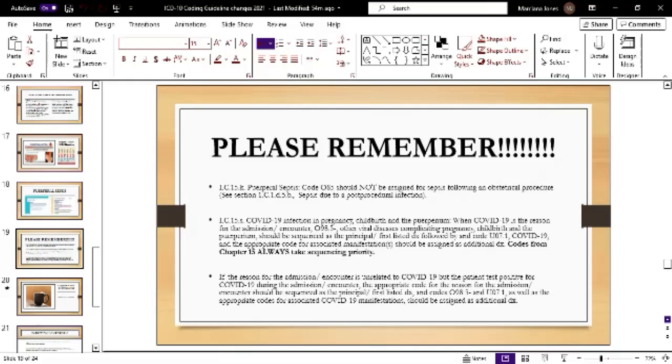And then O98.5, whatever other digit, and then the COVID code, as well as any appropriate codes that are associated COVID manifestations. You're going to code them additionally.